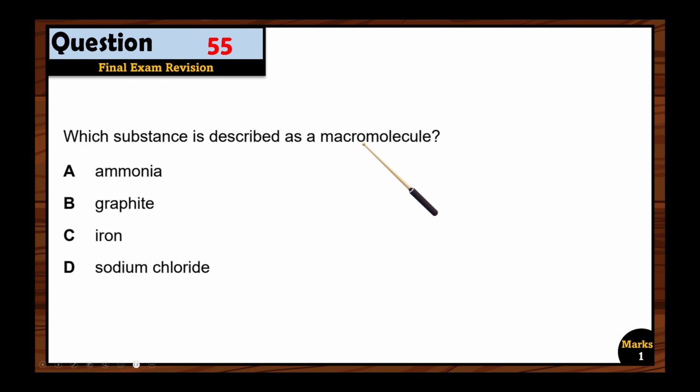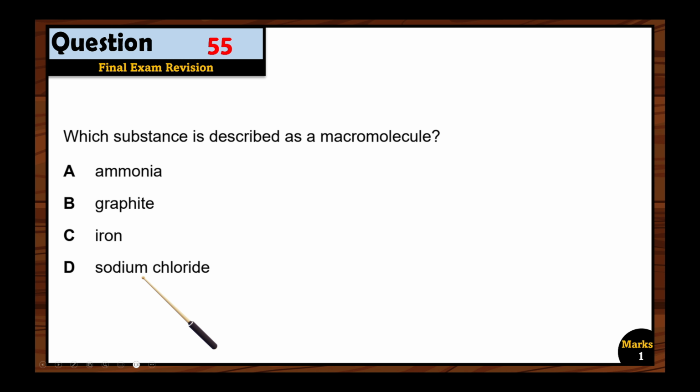When you see the word macromolecule and you are confused about which option to choose, remember that iron is a metal, so it has a metallic bond, and for ionic compounds we mostly don't use the word macromolecule. Macromolecule is usually used for covalent compounds that are giant structures. So graphite is the best option.